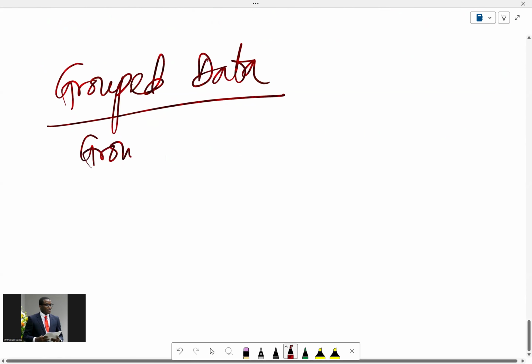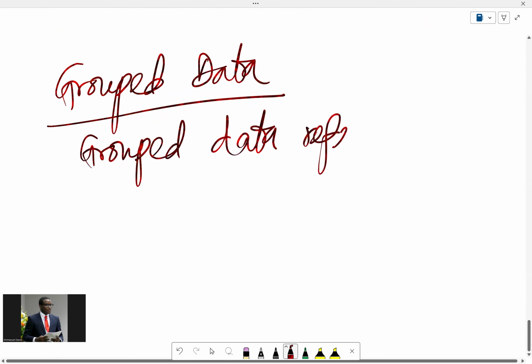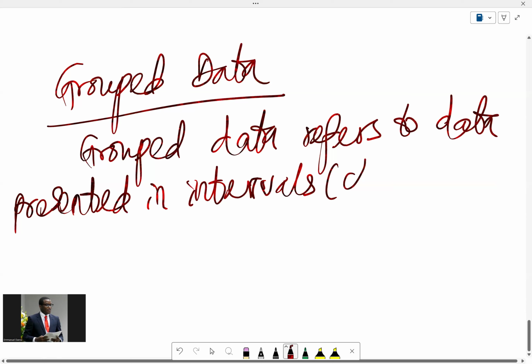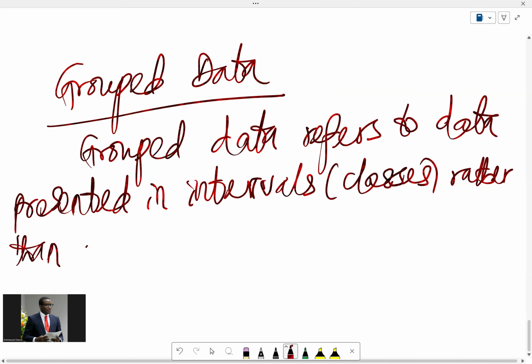So grouped data refers to data presented in intervals, or if you like, classes, rather than individual values.